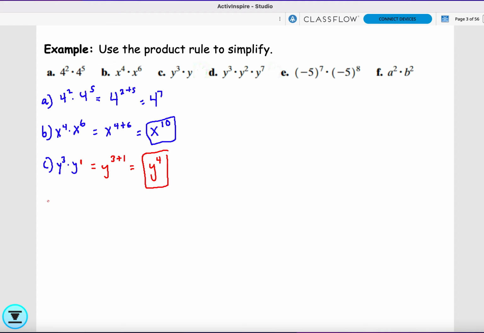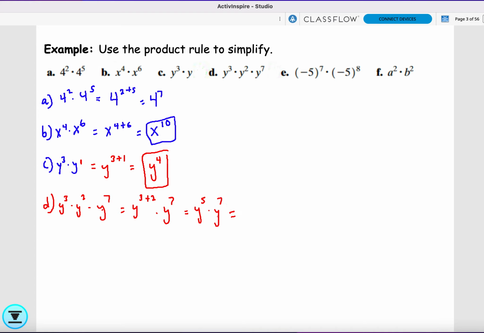So let's go ahead and move on to D. D, we have 3 y's. We have y to the 3rd times y squared times y to the 7th. So we'll just go ahead and multiply from left to right. So we're going to do y to the 3 plus 2 times y to the 7th, which is y to the 5 times y to the 7.